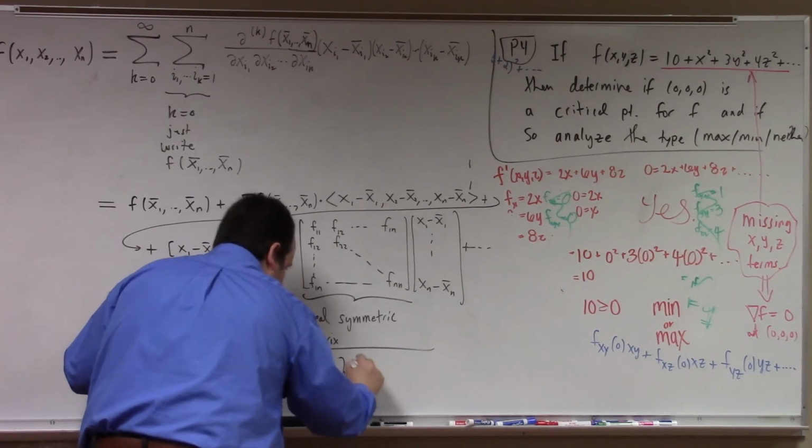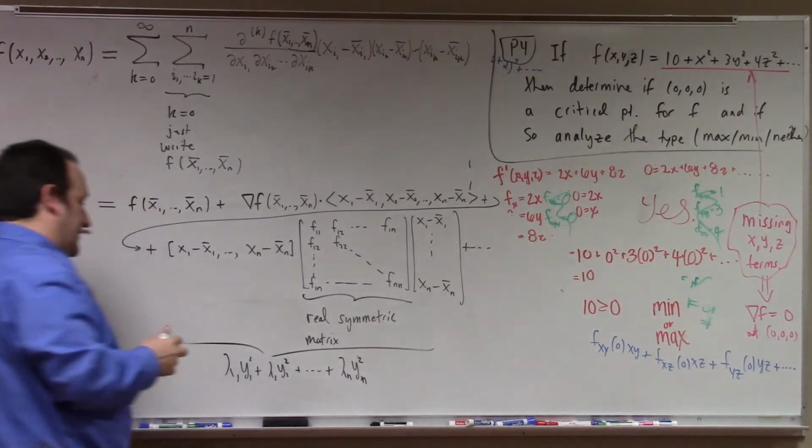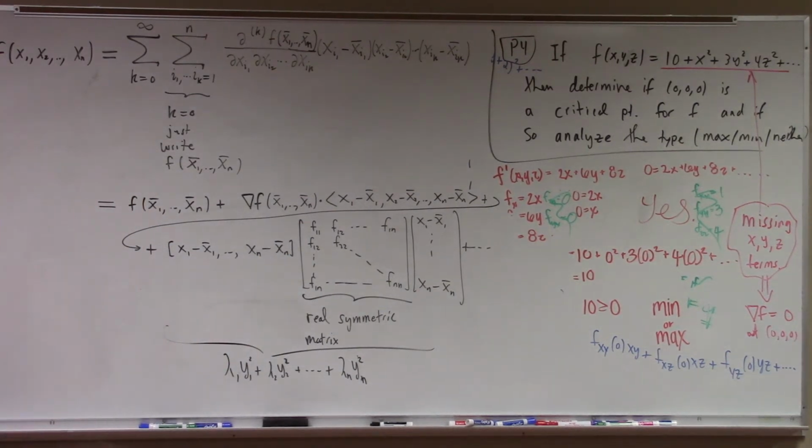So the Hessian, this quadratic piece, can always be rewritten as a sum of squares by choosing the proper system of coordinates. That system of coordinates is known to exist by what's called the spectral theorem in linear algebra. If Math 321 goes well, I cover that towards the end.